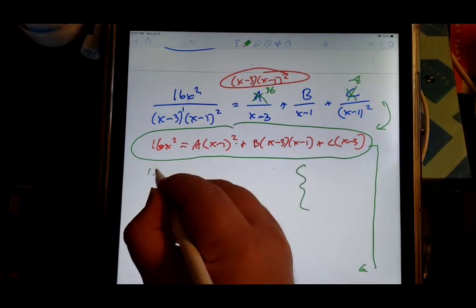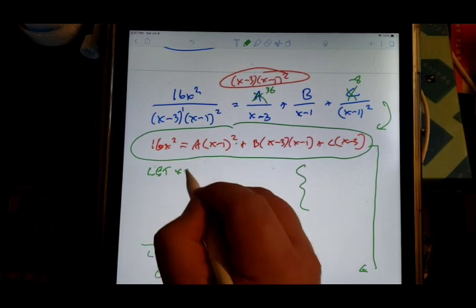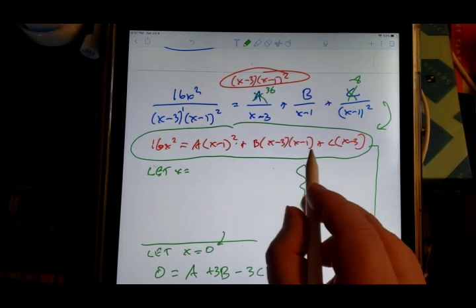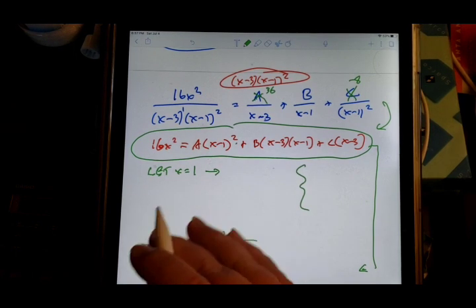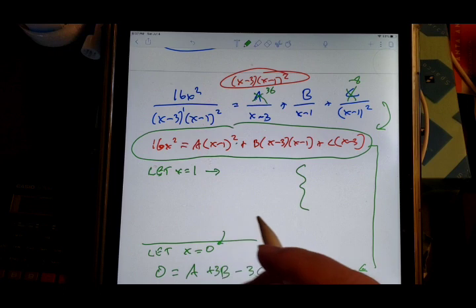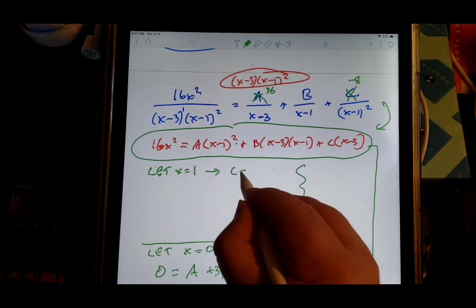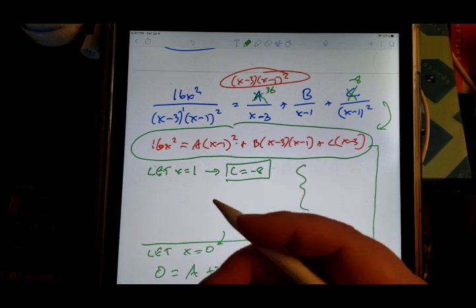And then systematically I let x equal, I think the first thing I did was let x equal 1. And that told me that c was equal to -8. Didn't do anything with that. That was great.